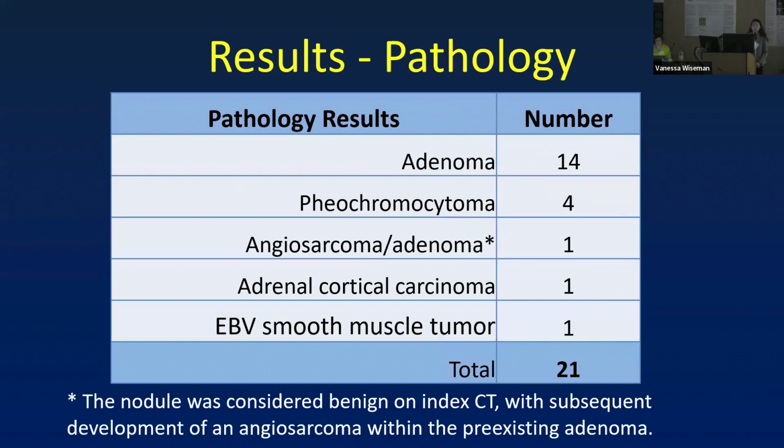And here are the different pathologies. The angiosarcoma was felt to be a collision tumor, as this occurred 6 years after the index CT, which showed a lipid-rich adenoma. Therefore, the original nodule is considered benign.